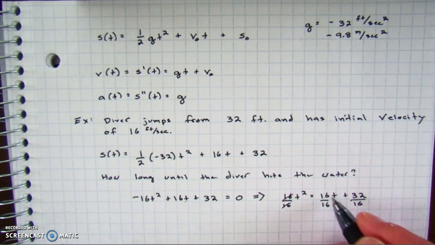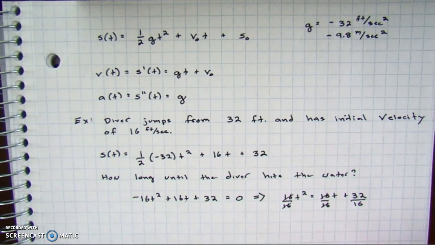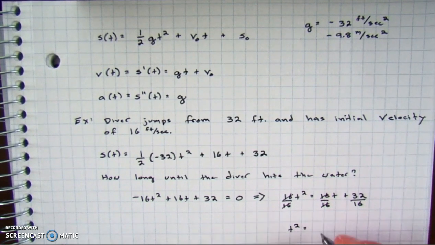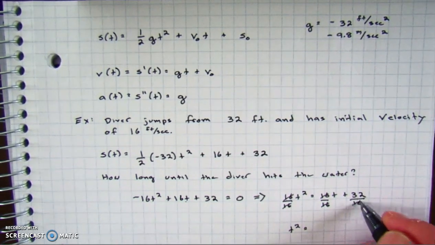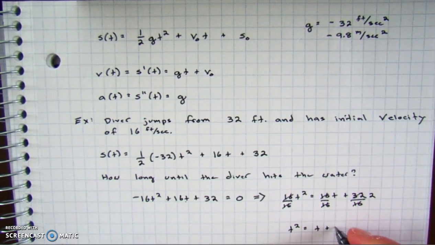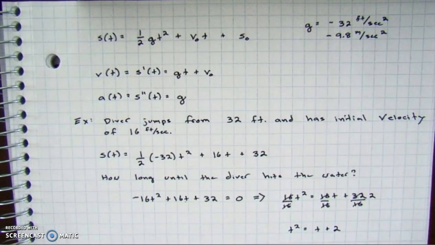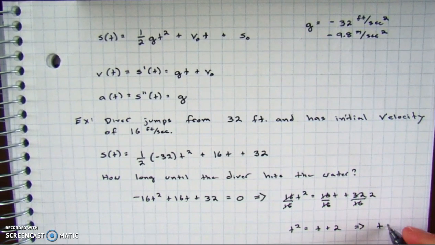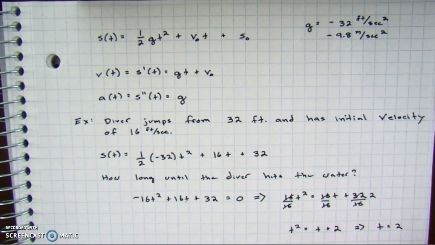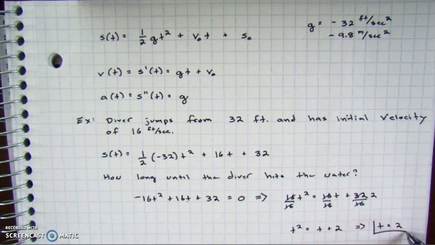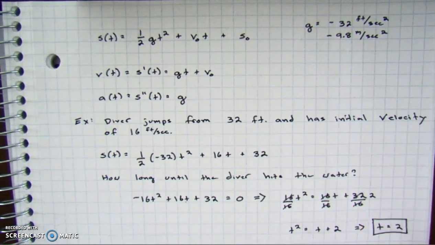So that's going to cancel, that's going to cancel. So we're left with t squared equals 2t plus 2. And this equation is easy enough that we can just look at it, and we know that t equals 2, because 2 squared is 4, 2 plus 2 is 4. Not very difficult math there.